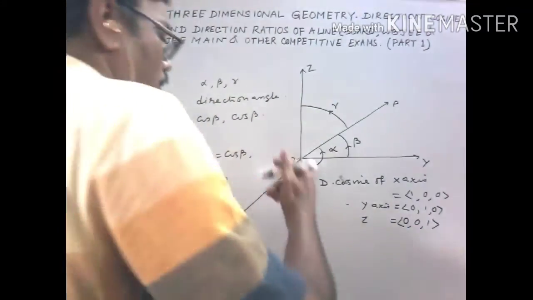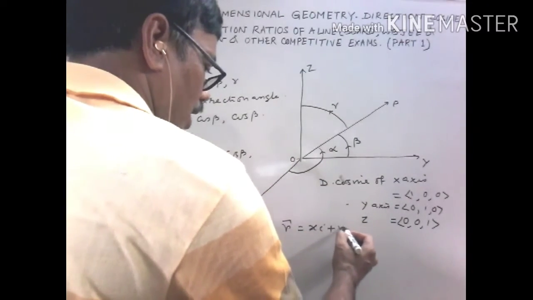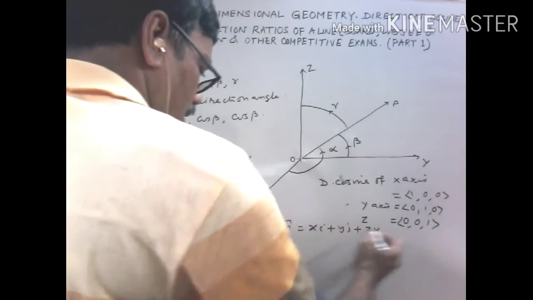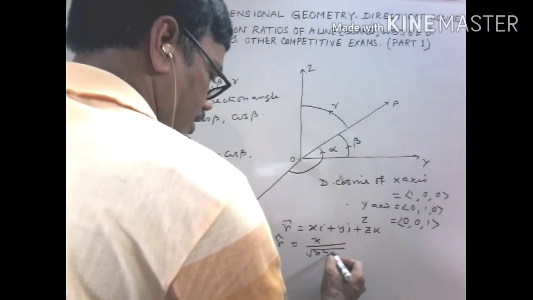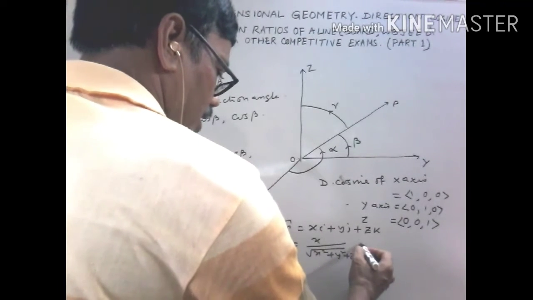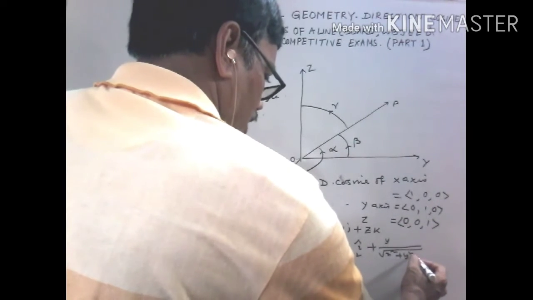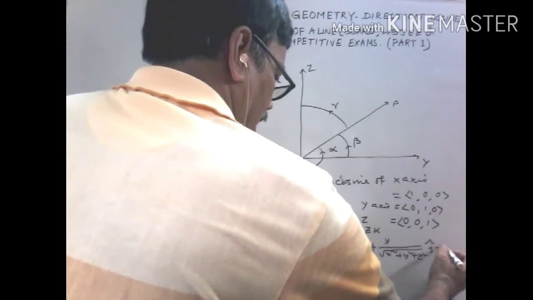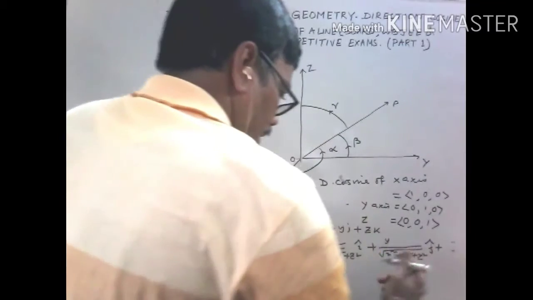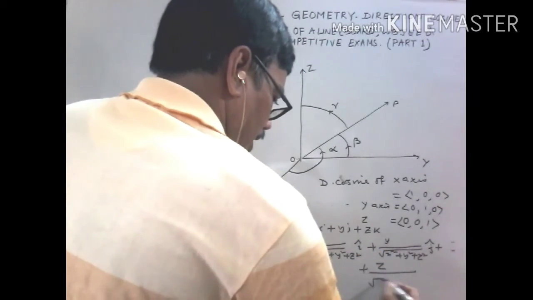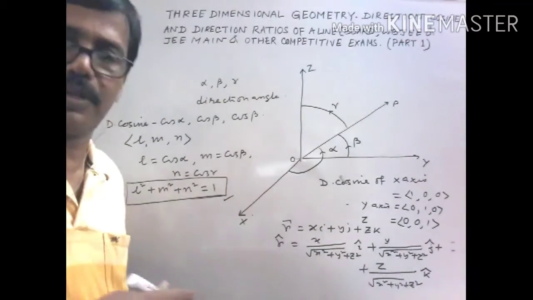If a vector is expressed in this form, r equals xi plus yj plus zk, then what is r cap? It is x by root under x square plus y square plus z square into i cap, y by root under x square plus y square plus z square into j cap, and z by root under x square plus y square plus z square into k cap.